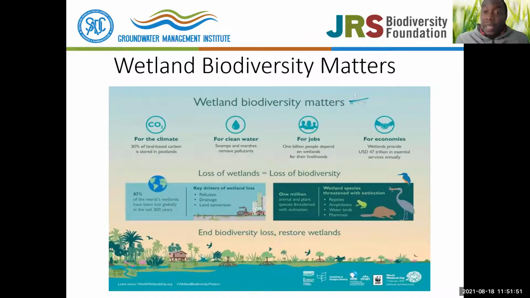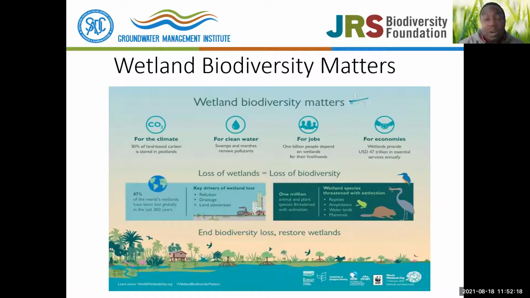And then these wetland systems provide billions of dollars to economies. And so it is important to highlight that the loss of wetlands generally results in the loss of biodiversity. That is the case, especially if you go to the Khakhea Bray transboundary aquifer.